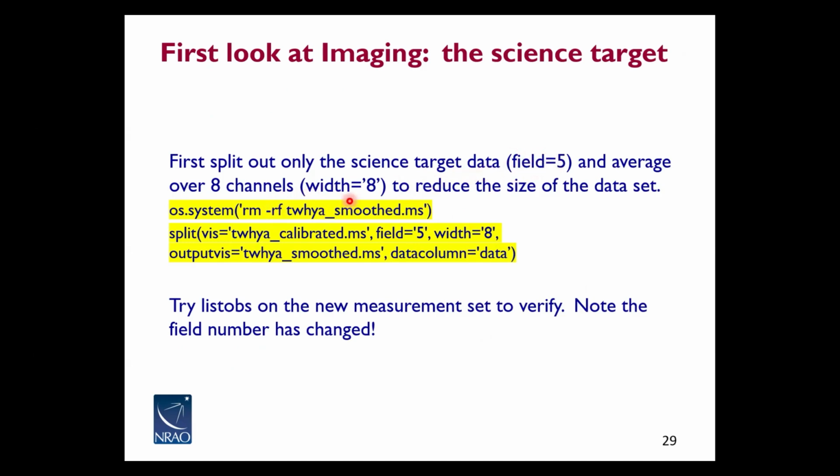We're going to average over 8 channels to reduce the data size a little bit. So ignore this remove file thing and run this split command on field number 5 to create a smooth visibility. Yeah, try it.